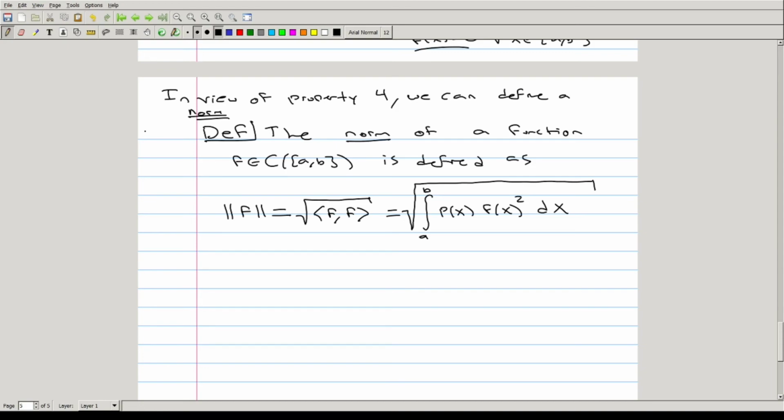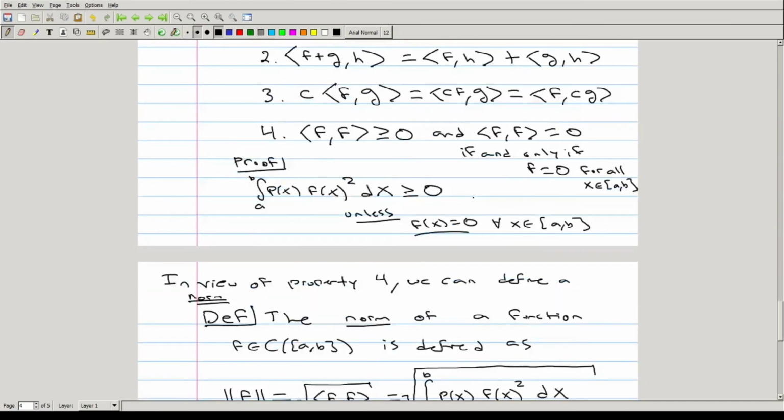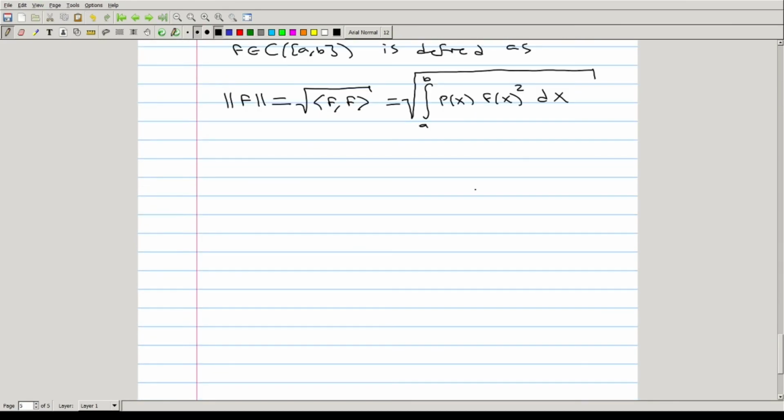Now, there are other ways of introducing norms in an infinite dimensional vector space, just like there are other ways of introducing norms in a finite dimensional vector space as well. But we'll be strictly focused on this definition of norm, and above this definition of inner product for functions in a function space.